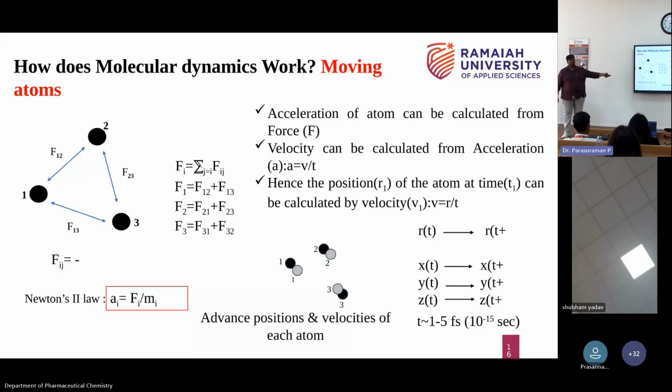From the equations which I have given, we can calculate the position with respect to time. Generally all this takes place within just a femtosecond. We should carry out this calculation on the femtosecond scale, because as you increase the time scale, the simulation becomes more complex.